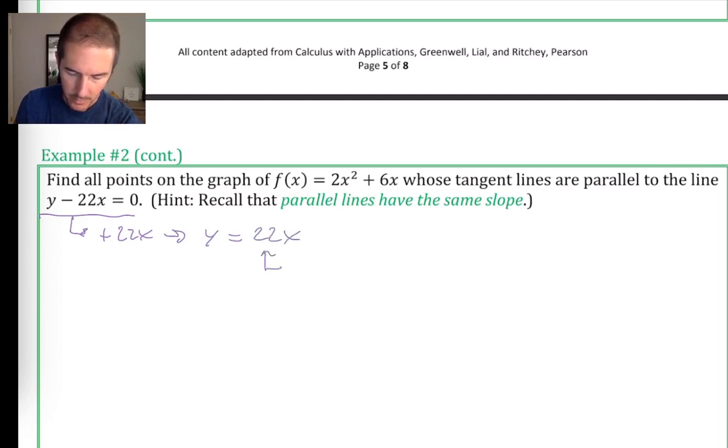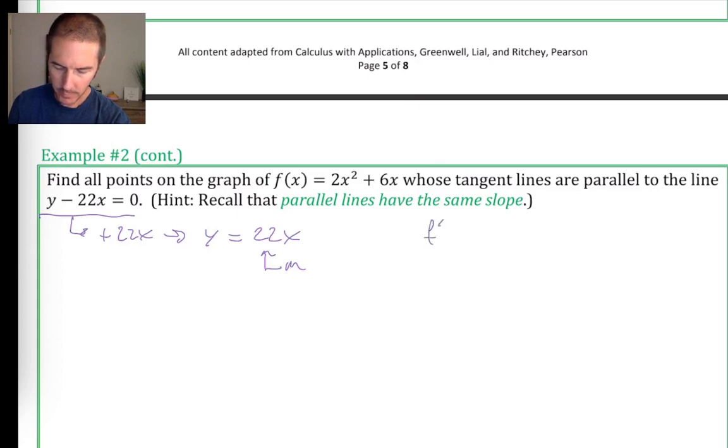This is my slope, a slope of 22. So now I want to find all the points on the graph f of x equals 2x squared plus 6x where the tangent at that point has a slope of 22. That's irritating, but we can do it.